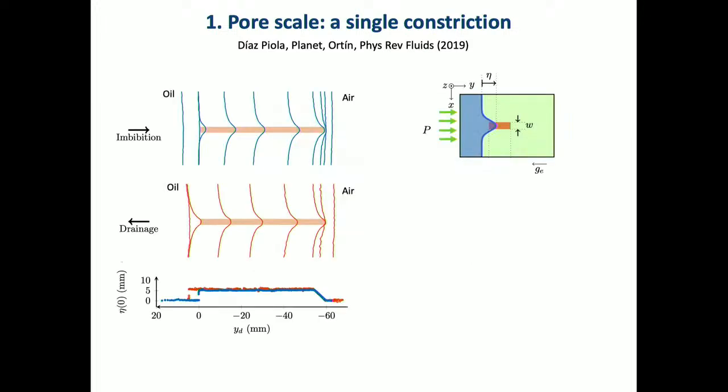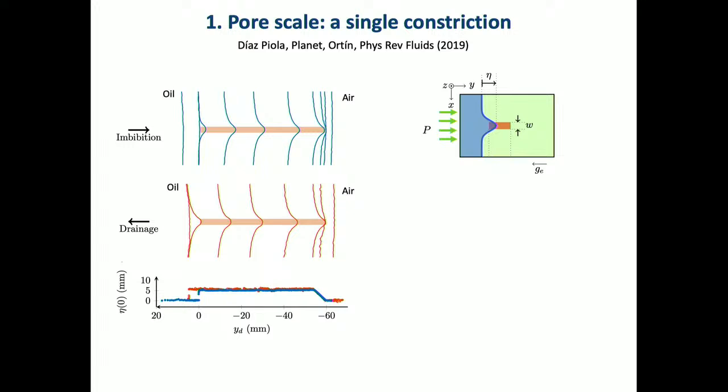So to understand that, this is just a collection of pictures that explain better what I just said. You can see that this part of the problem is totally reversible, so the collection of fronts in that direction is exactly the same as the collection of fronts in that other direction in drainage, but not at the left side of the constriction.